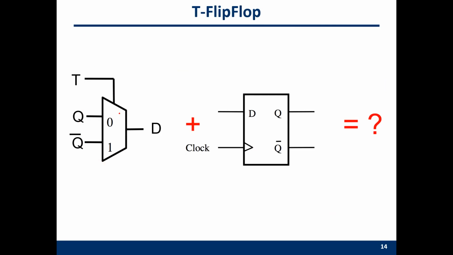It's a mux, a 2-to-1 mux. You can select the output from 2 inputs, Q and Q bar. And the select signal is of course the T. And then the output is the D here. You can connect the D to this D flip-flop.